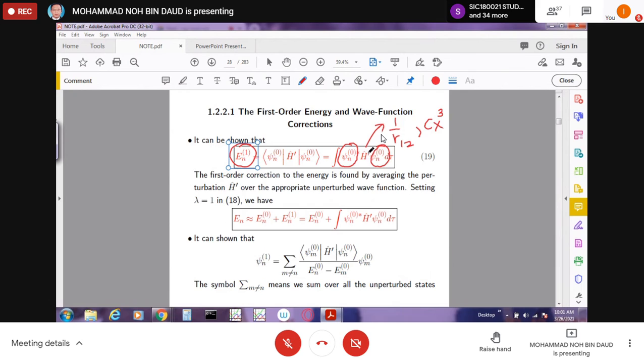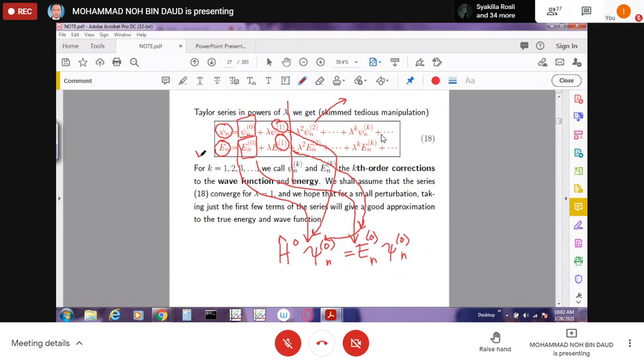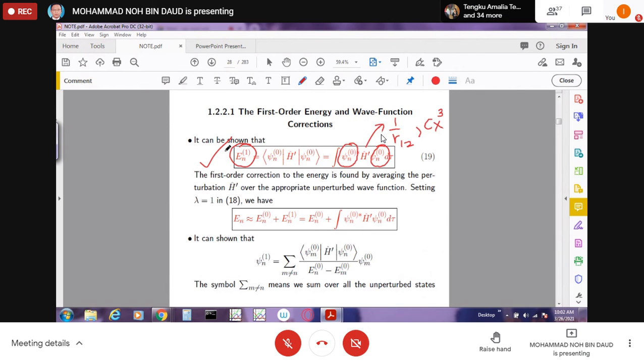So this is our perturbation. We know this perturbation, and we know the zero order or unperturbed wave function, this ideal wave function you learned in physical 1 and physical 2. We will know this first order energy correction, and knowing the first order energy correction, of course, you will know this approximate energy. This is the approximate energy. And also this one, so you can write using only the first order energy corrections. So this is the final formula you can use.